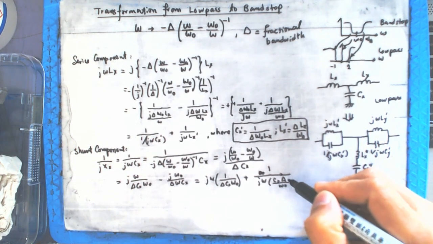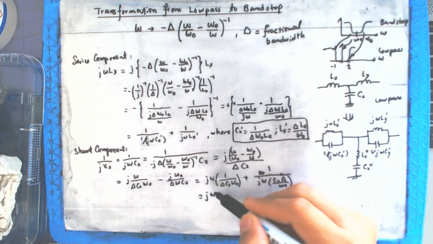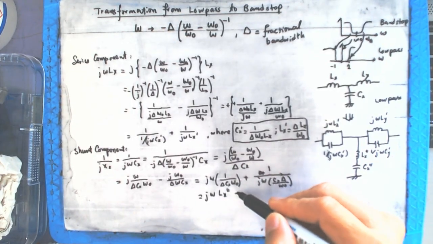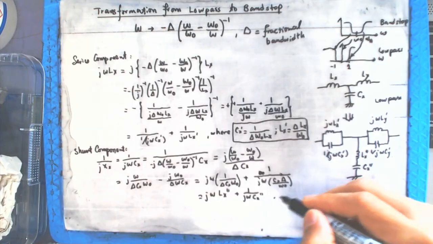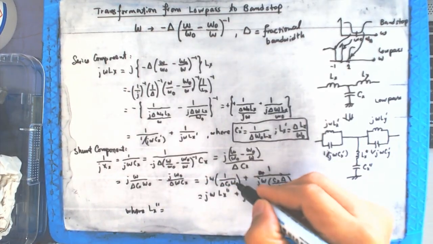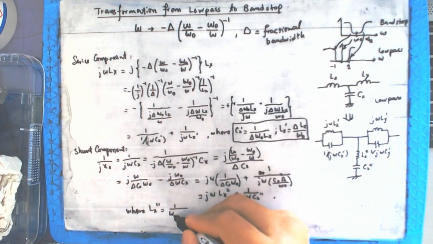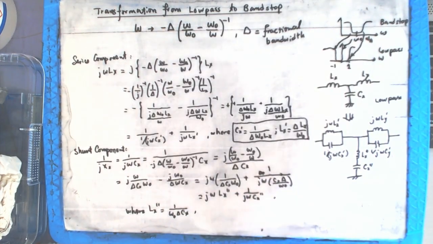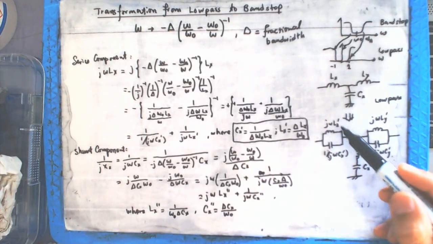So very obviously, you can rewrite this expression as Lx compound plus Cx compound, where Lx compound is equal to this form of expression, and similarly Cx compound is equal to delta Cx over omega naught.